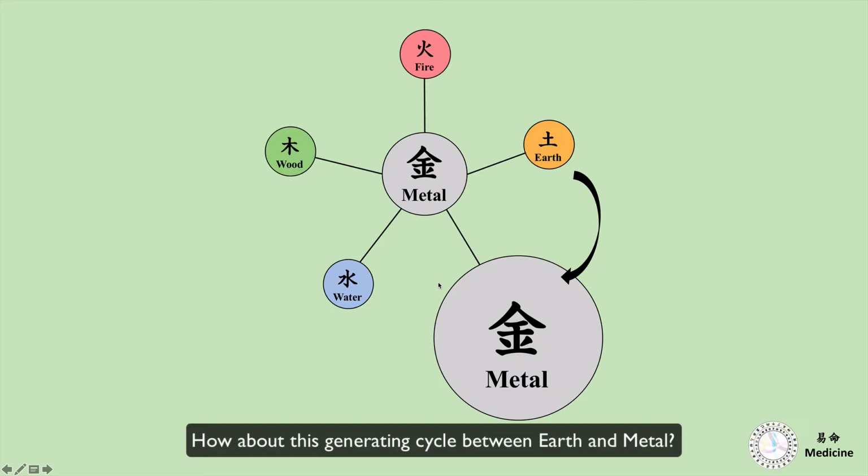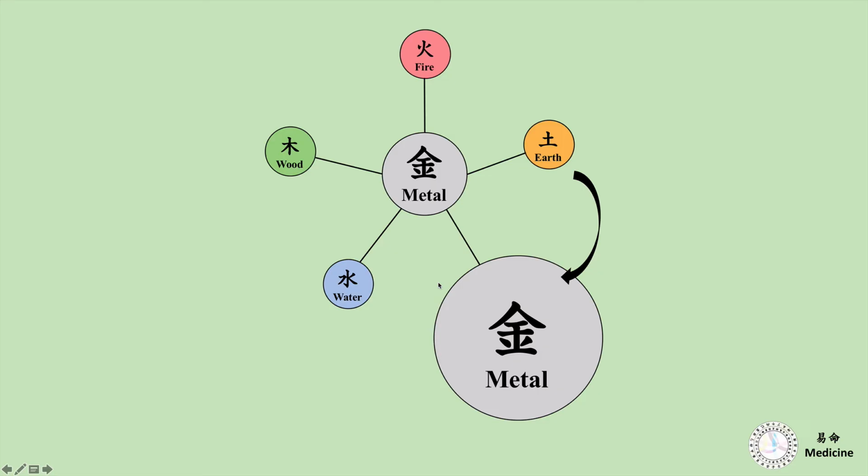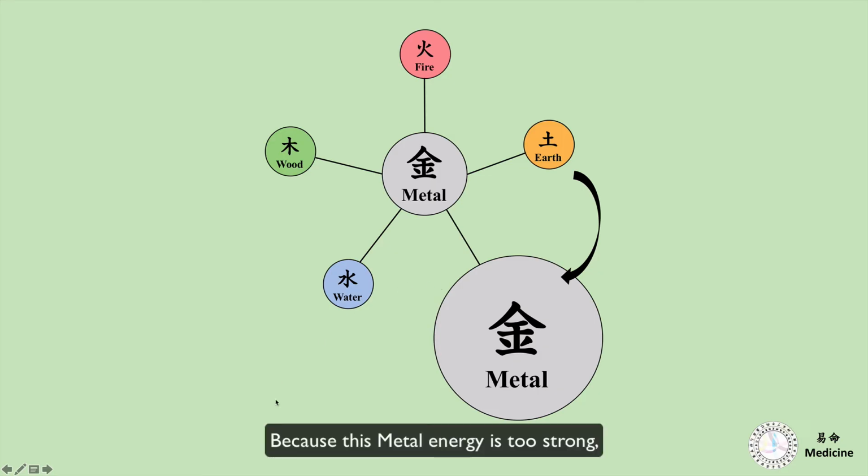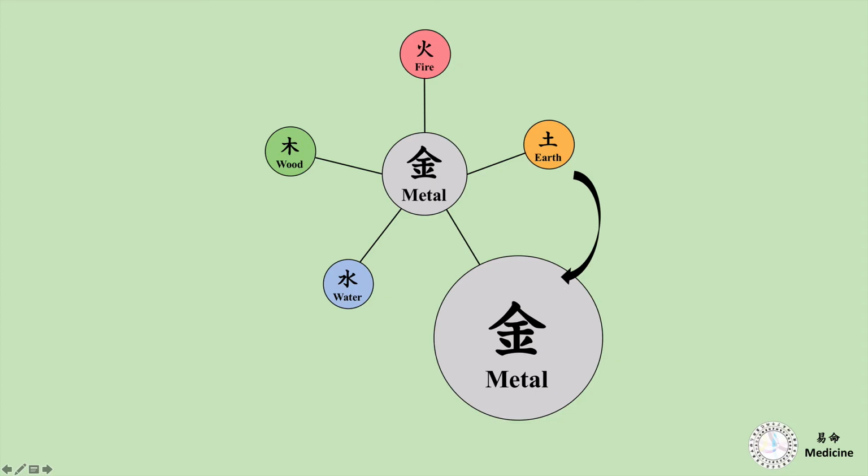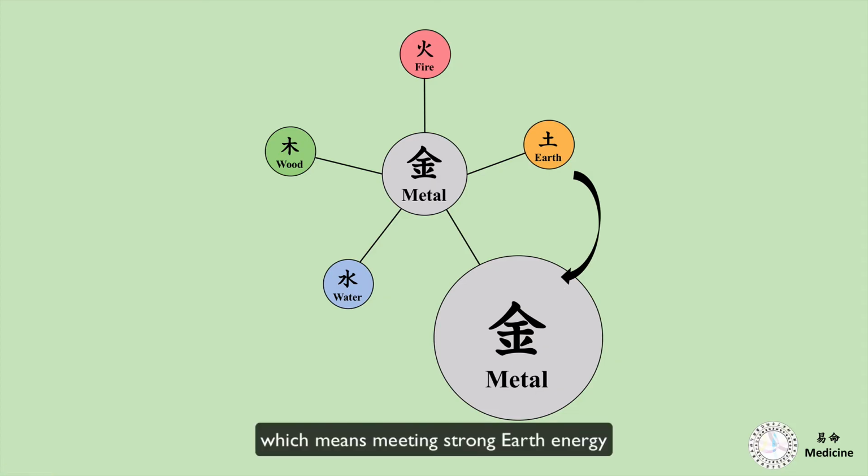How about this generating cycle between earth and metal? Because this metal energy is too strong, the generating force from earth to metal is not very welcoming, which means meeting strong earth energy is not a healthy situation for this chart.